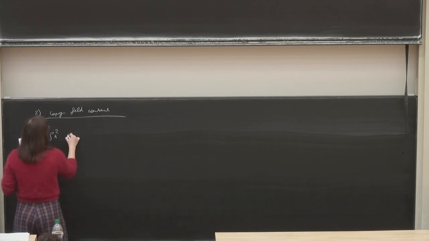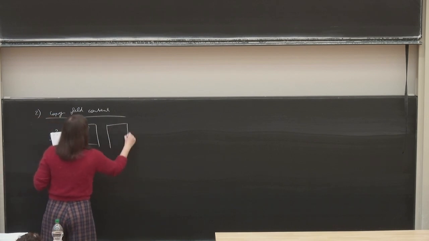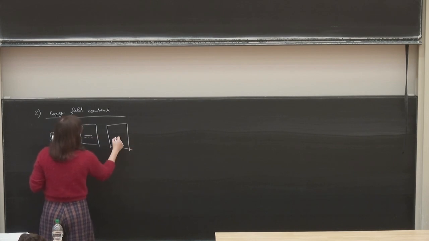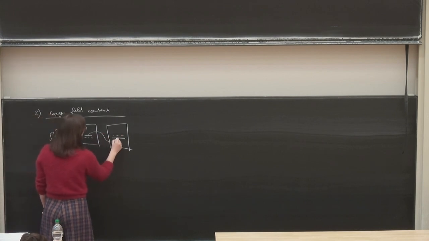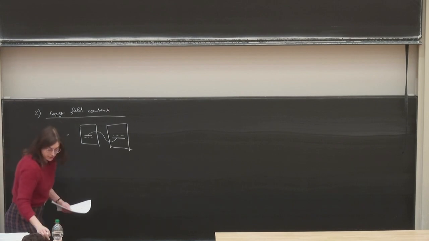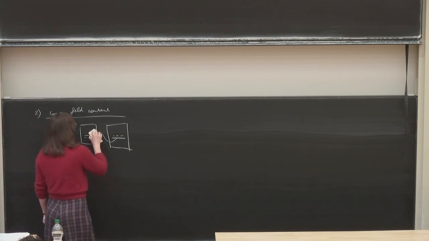So what do I mean by that? So we have the same picture for the square of the reduced density matrix. Well, let me not write this line. This is confusing. Okay.